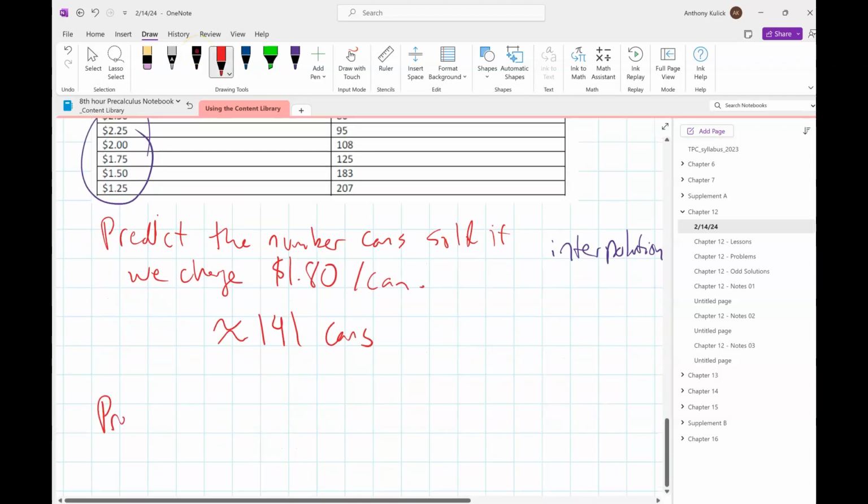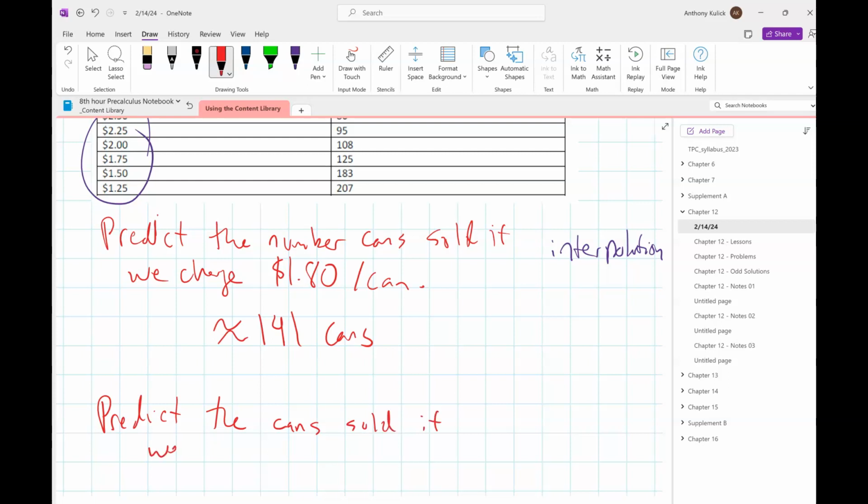If we had instead asked to predict the number of cans sold if we charge $3.50, we can just do the same thing, right?